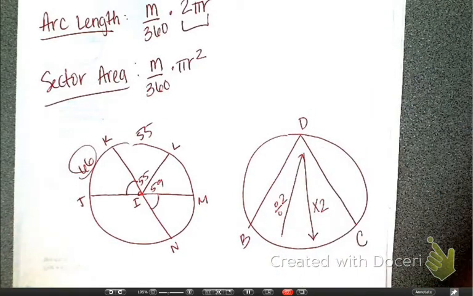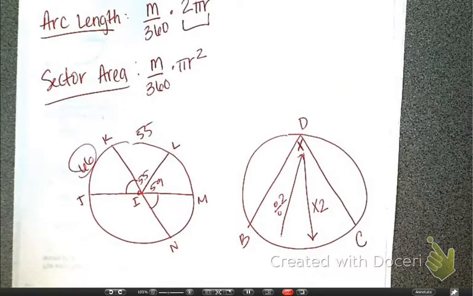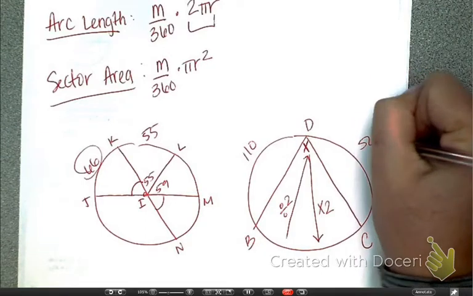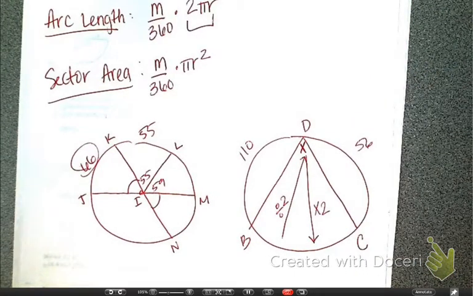Okay? So I want to figure out what the measure of this angle is. And here is some information. Now, if I knew what CB was, so if I knew what this arc was, it'd be easy to find the angle. Agreed? Okay. Can I find that arc?